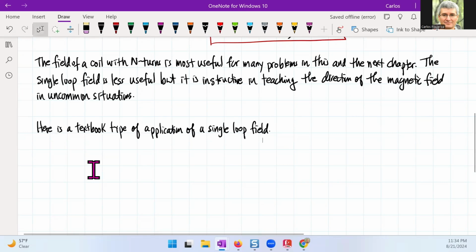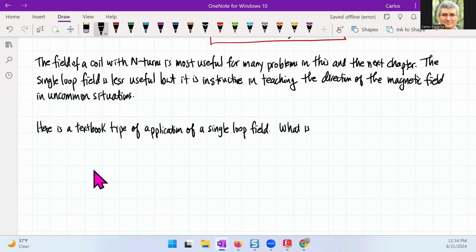And really, because we're focusing on understanding the direction of the magnetic field, we're going to ask, what is the magnetic field at the center of curvature? And in my opinion, I just think about this as being the origin that we have defined.